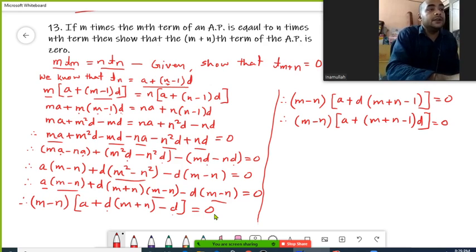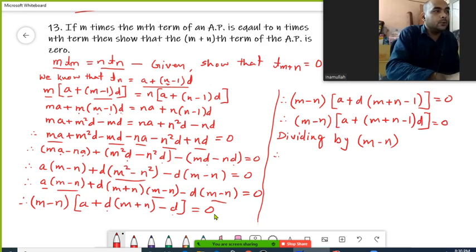Now we can divide both sides by m minus n. So when you divide the left hand side by m minus n, this m minus n will cancel.